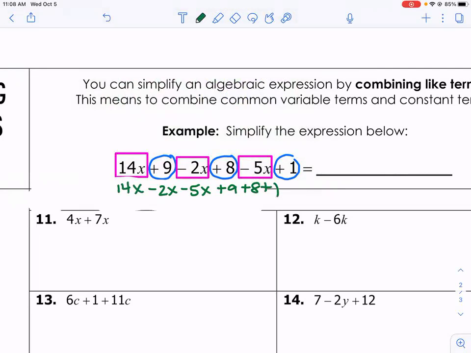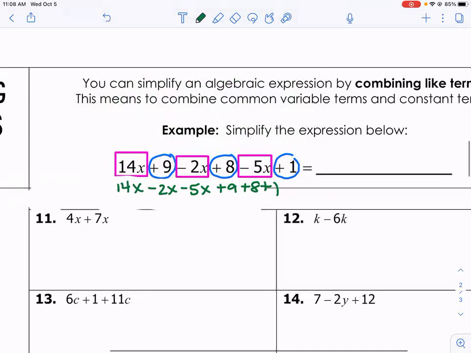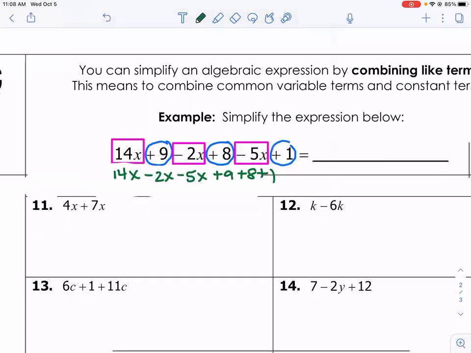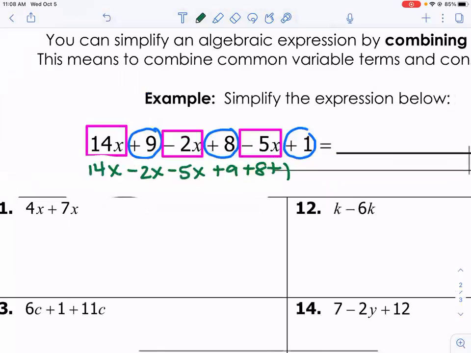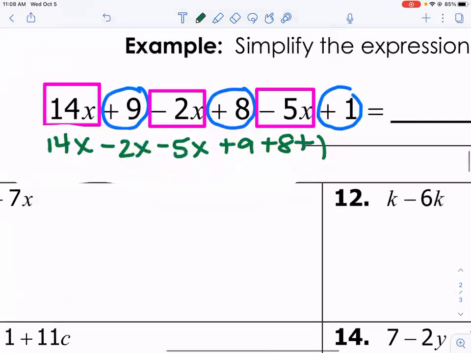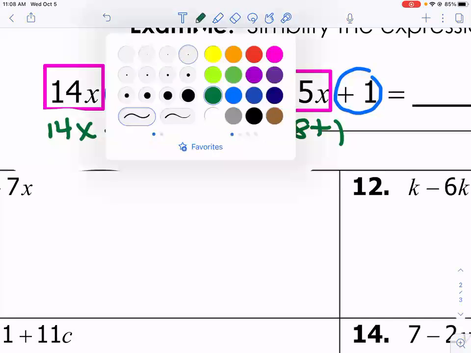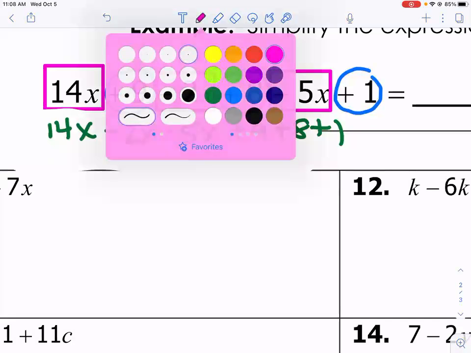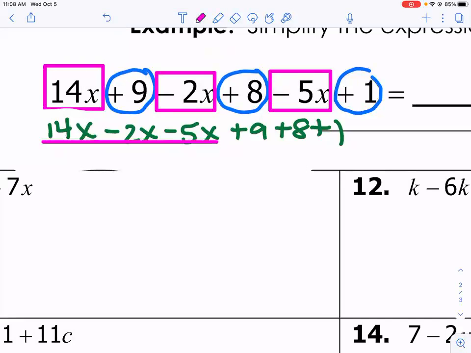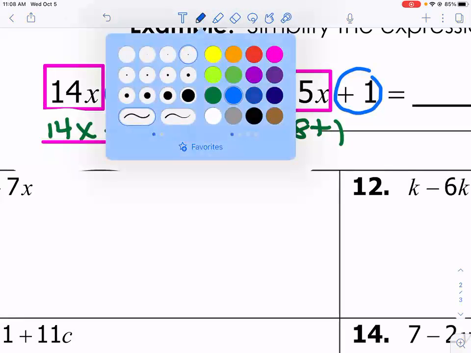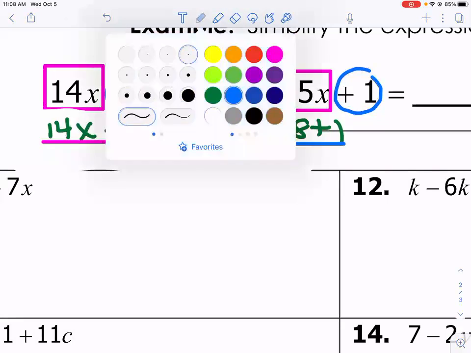Okay, so that is how Trent rearranged his 6 terms. Now you can see I have my 3 variable terms together, and I have my 3 constant terms together.